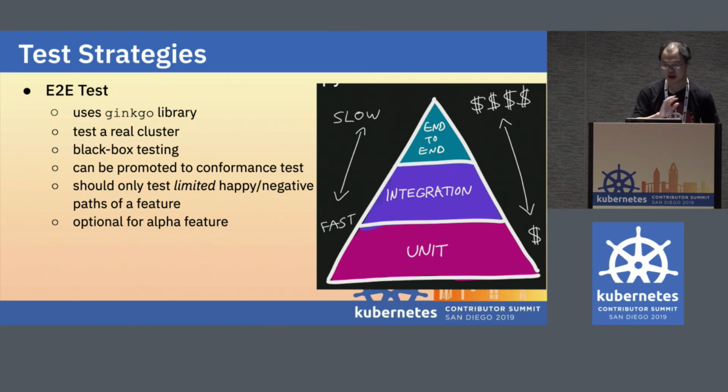You just need to cover very basic happy and negative paths of your function. The other parts should be covered more in either integration test or unit test because end-to-end test runs slow and also costs money.